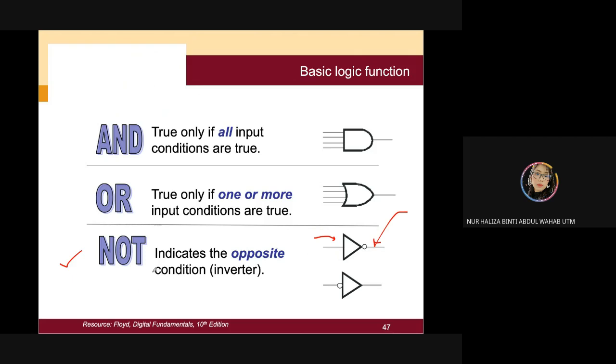And last time you also saw in the previous slide the active low and active high. If you still remember in our previous slide, there is a bubble over here. If this part has a bubble, it is called active low, and if there is no bubble, it is active high.